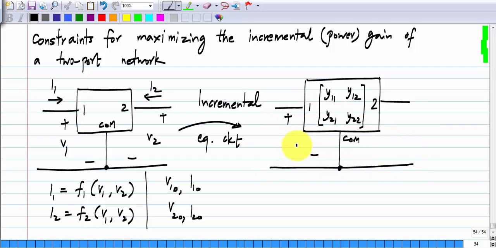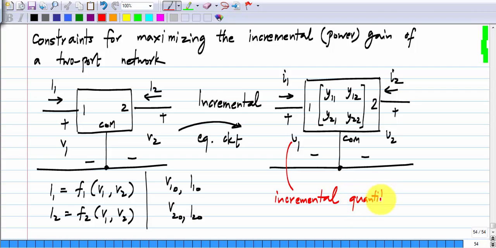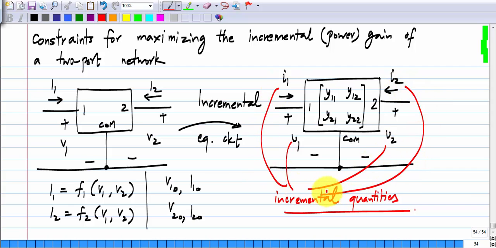And the port 1 and port 2 incremental voltages and currents are given here. This and that and that and that all are incremental quantities.